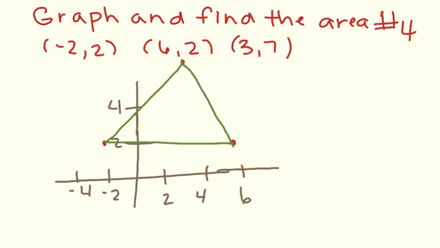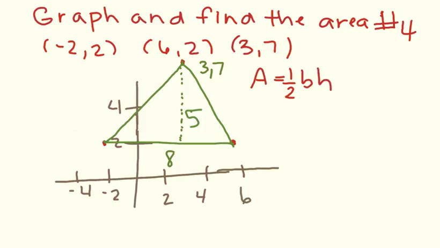Now the distance between this left point and this right point is going to be 8. The distance between this point and this line, which lies here on the 2, is going to be 5, as this top one is at the y-coordinate of 7 and this line lies on the y-coordinate of 2. The difference between 7 and 2 is 5. So knowing the formula for the area of a triangle, the area is equal to 1/2 the base times the height.